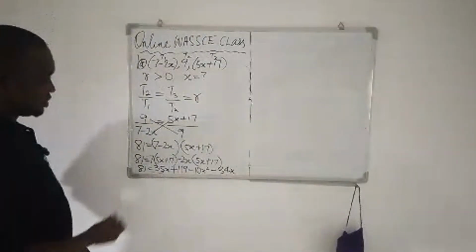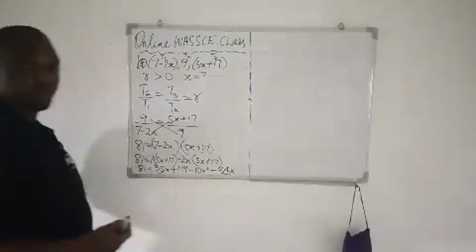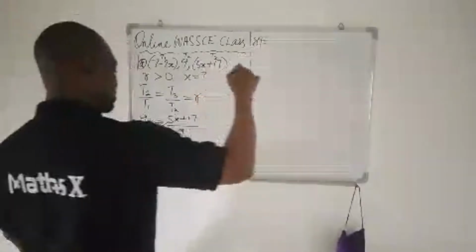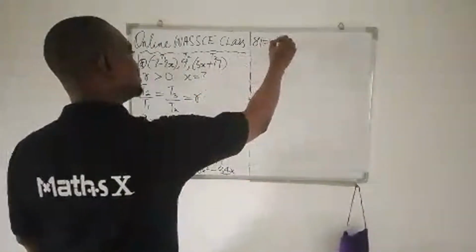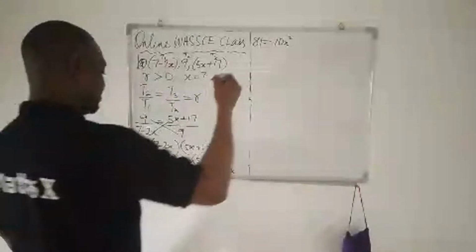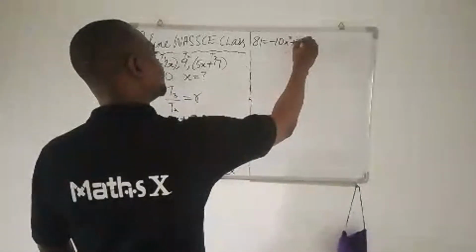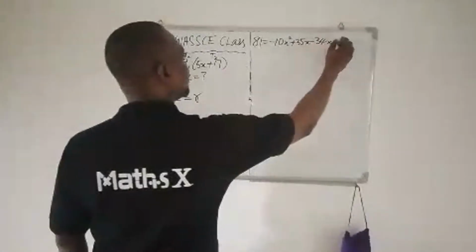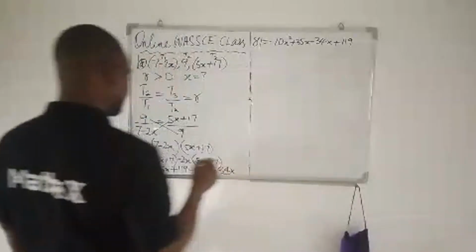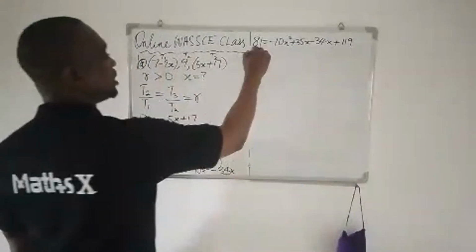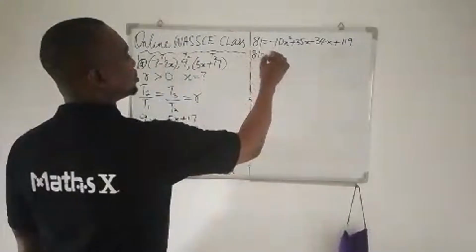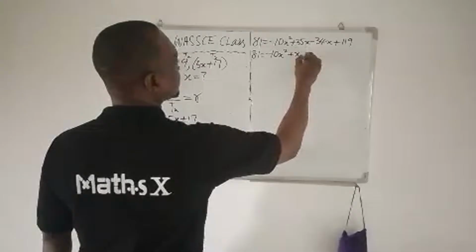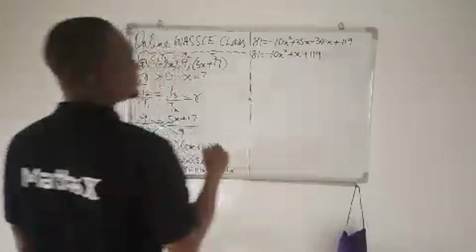This is 35x and minus 34x. Those are like terms. So I have here 81 equals minus 10x squared. I'm going to rearrange them. Plus 35x minus 34x plus 119. So we have here that 81 is equal to minus 10x squared plus x plus 119.